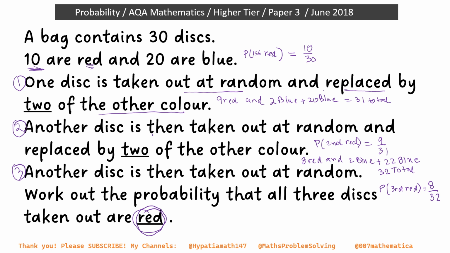So now the probability that all three discs are red would be 10 out of 30 multiplied by 9 out of 31 multiplied by 8 out of 32.